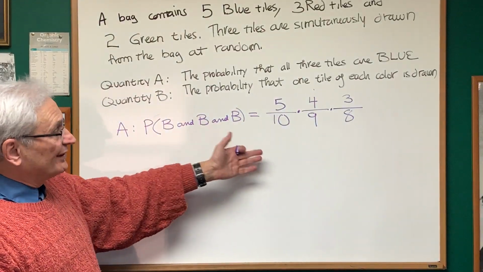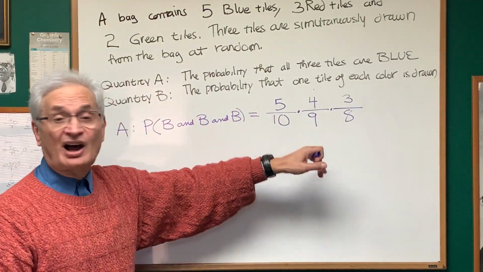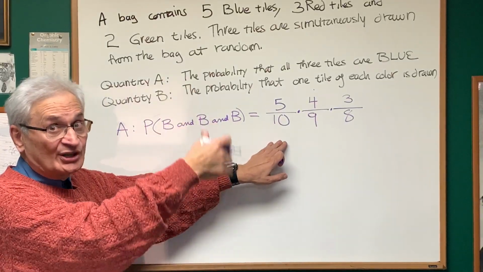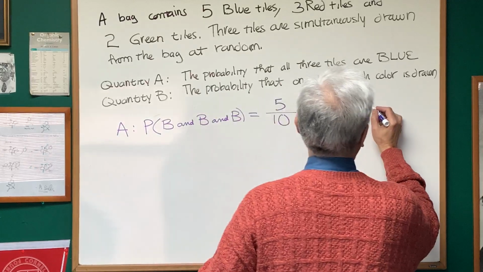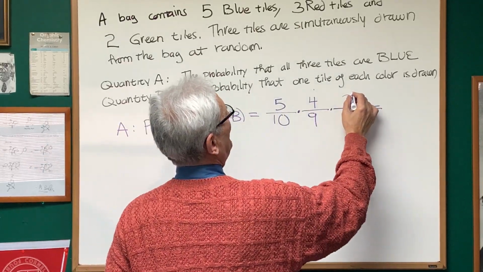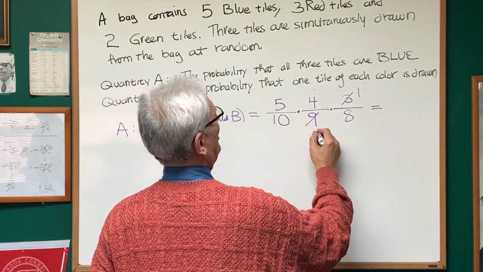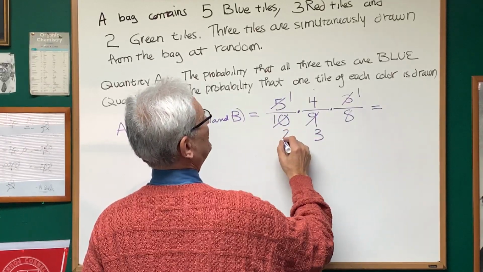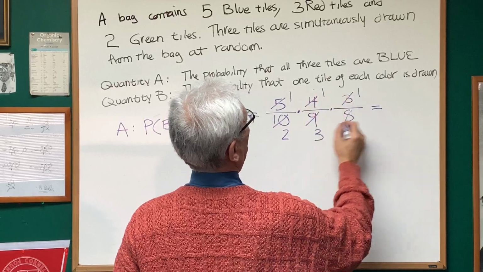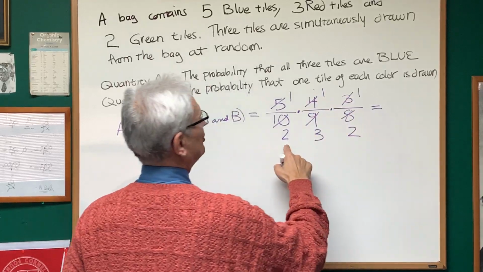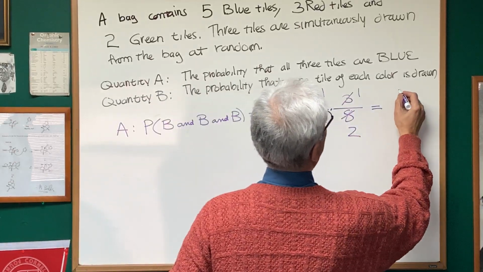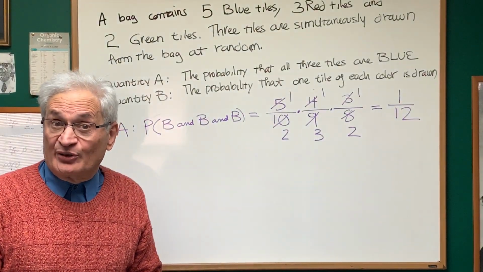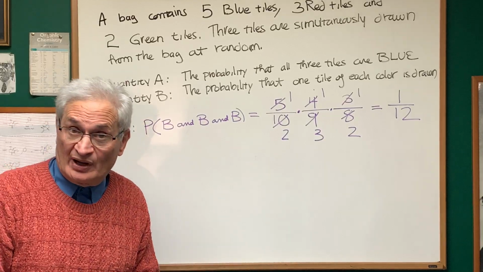So here's the probability of choosing 3 blue tiles simultaneously, as I say, modeled sequentially, one at a time. What's this probability going to be? Well, let's simplify this. 3 goes into 3 once, into 9 3 times. 5 goes into 5 once, into 10 2 times. 4 goes into 4 once, into 8 2 times. 2 times 3 is 6, times 2 is 12. 1/12. So the probability of choosing 3 blue tiles is 1/12.